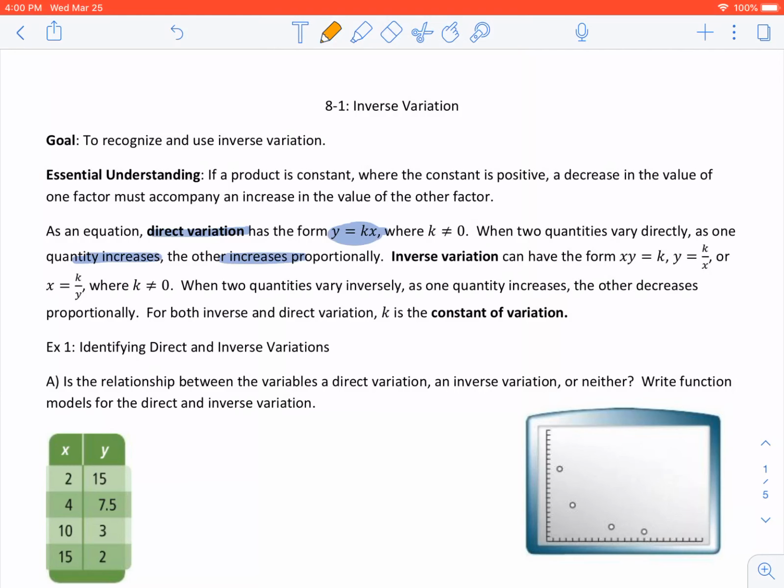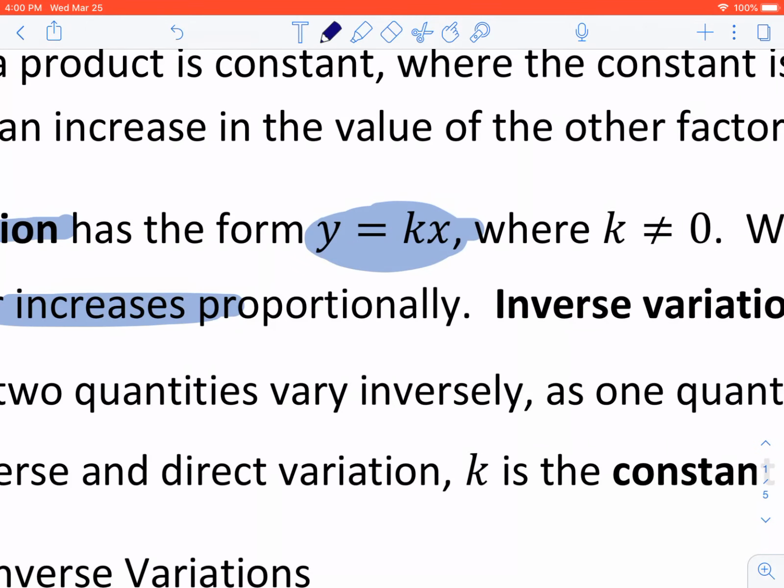And we also learned that when we did direct variation, we had y equals k times x, and from this we learned that if we solved for k, k was equal to y divided by x. So we could find our constant k, called the constant of variation, by taking all the y's and dividing them by all the x's, and we'll do that in just a moment.